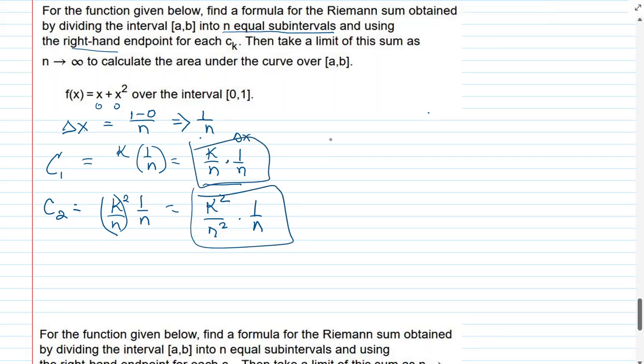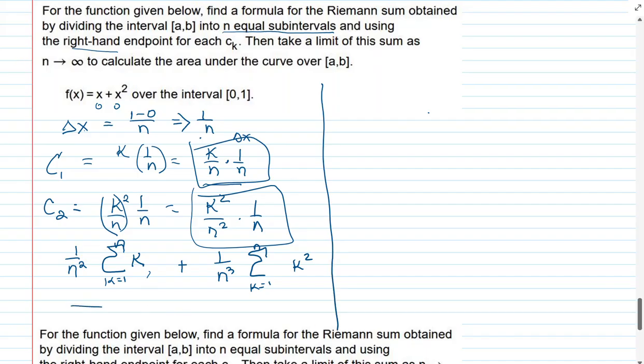And we're going to say, when we do this part, I'm going to write it as 1 over N squared, the summation of K, of K equals 1 to N, plus 1 over N cubed, summation of K equals 1 to N of K squared. There it is.